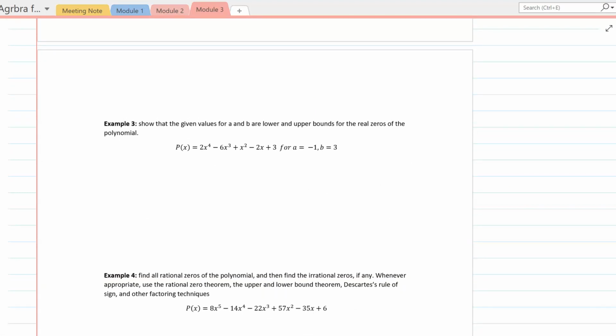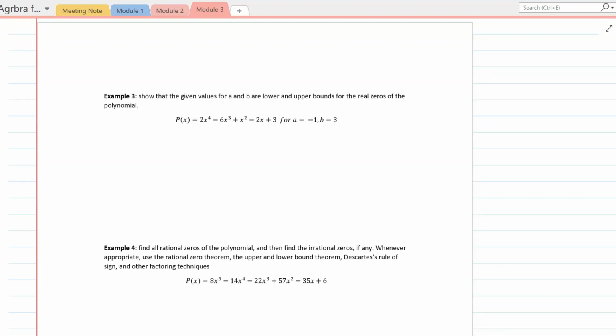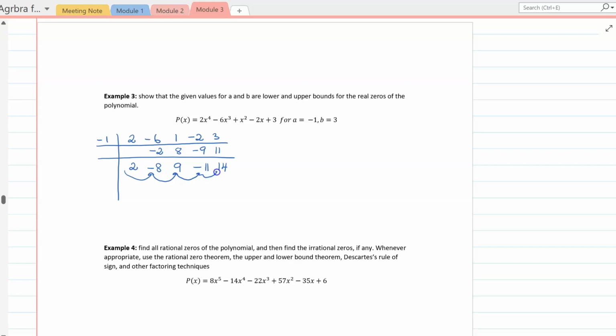Show that the given values for a and b are lower and upper bounds for the real zeros of the polynomial. Okay, so a equals negative 1 here. So negative 1, and let's do the synthetic division. 2, negative 6, 1, negative 2, 3. We bring down the 2. Note that here we have alternating signs, going from positive to negative, positive to negative, and back to positive, negative, and positive.